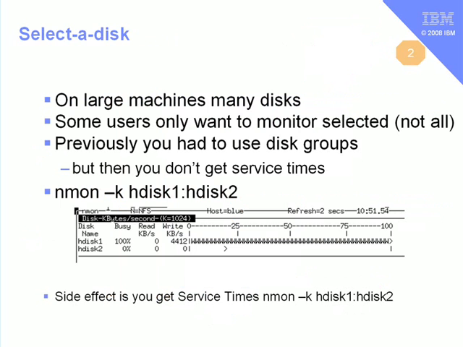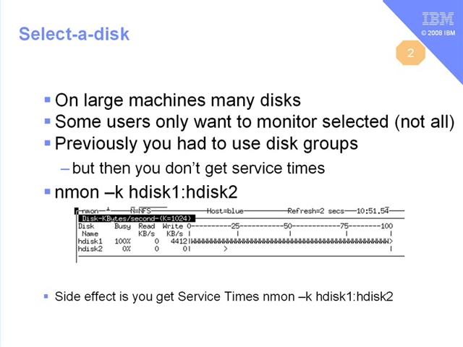Number 2 out of our 14 items is select a disk. On large machines we have lots of disks, and the records are up in the sort of 5,000 and 6,000 disk area. Some users though don't want to monitor all of them, they just want to monitor the disks that they really care about, perhaps the ones behind the website or the ones behind the database, for example.